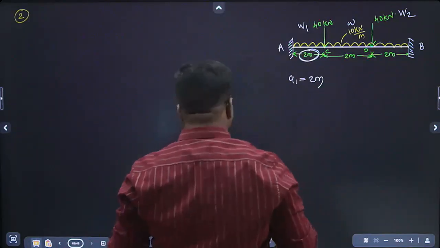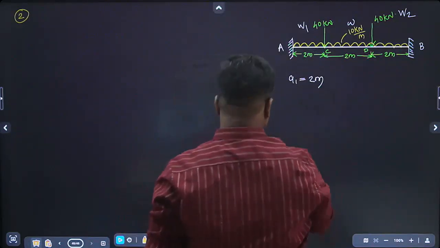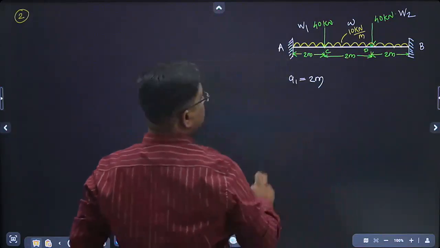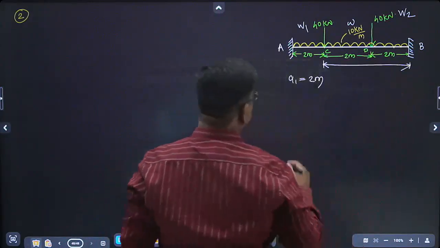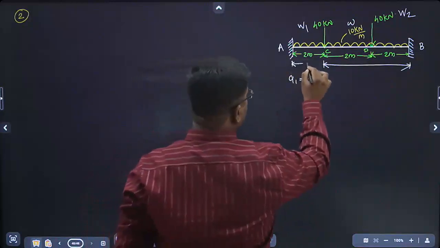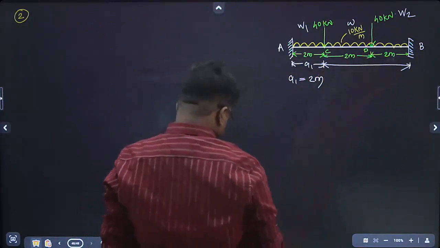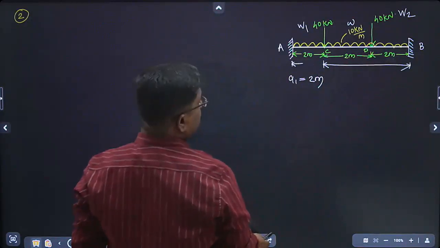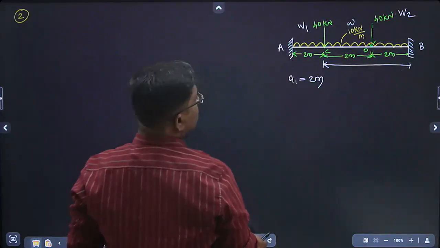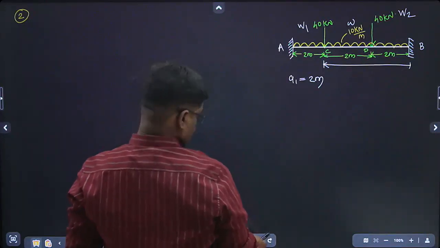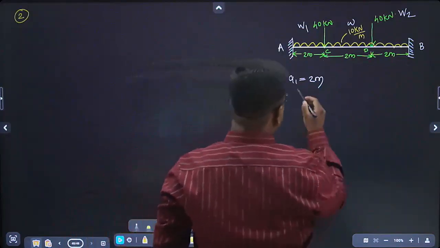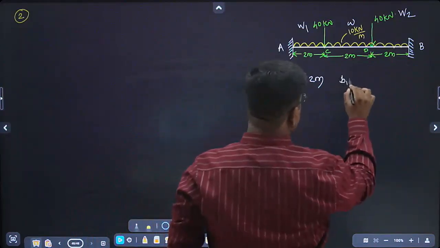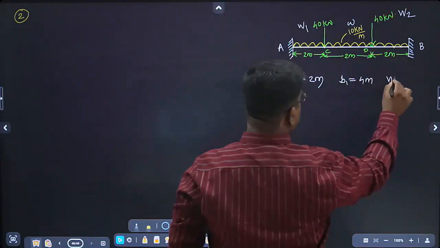And B1 is the remaining distance, which is 4 meter. So A1 is 2 meter and B1 is 4 meter.